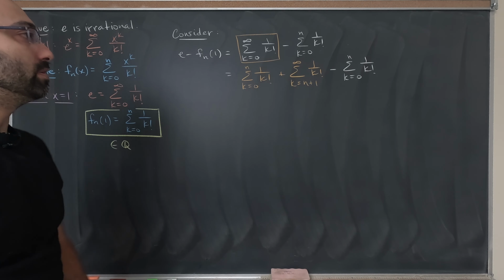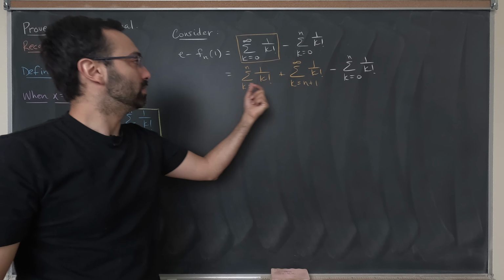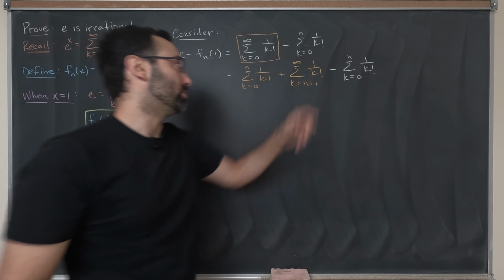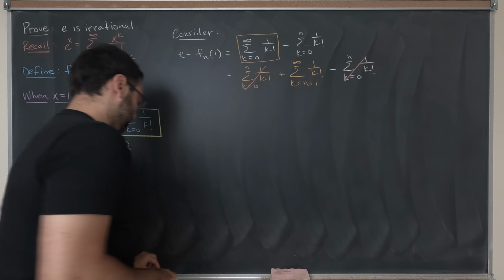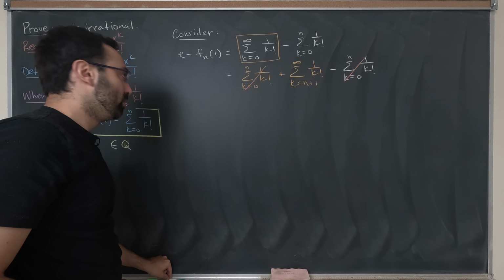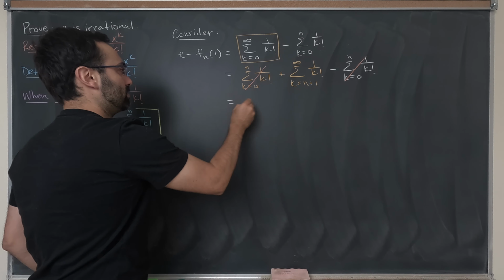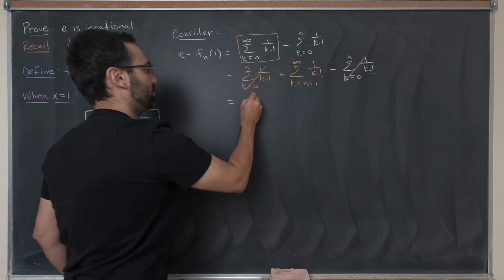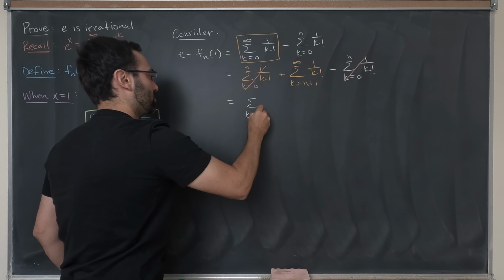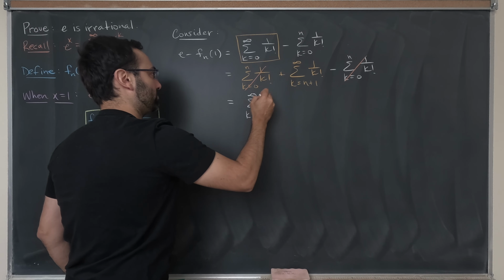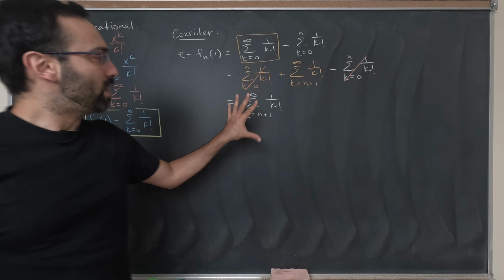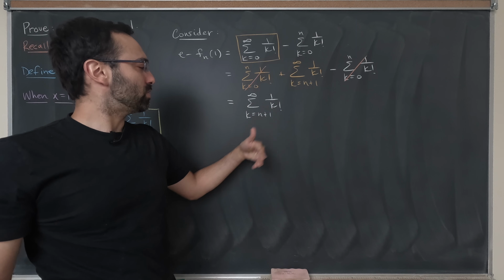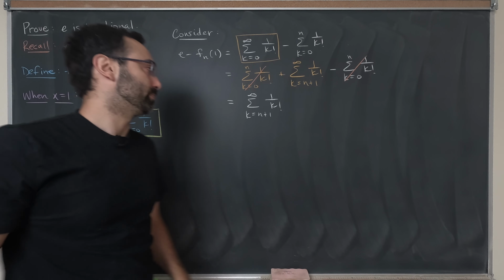But notice here that this quantity and this quantity negate each other. It's the same quantity subtract itself. So all we're left with is this right here. Now, we have this series, so let's expand this out a few terms.